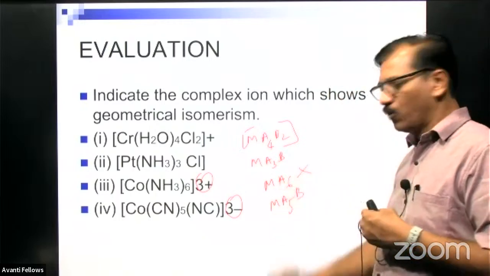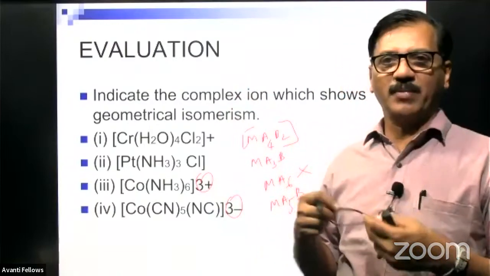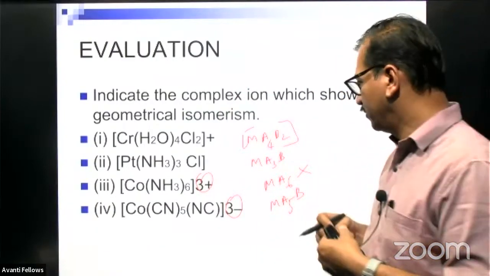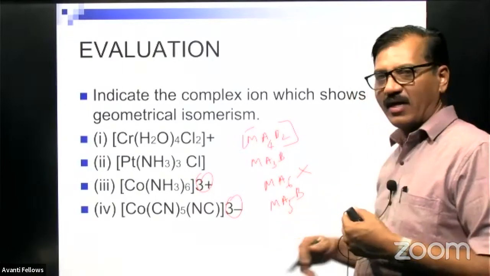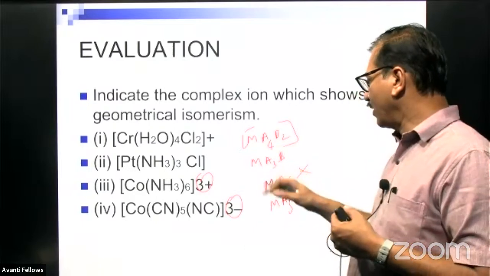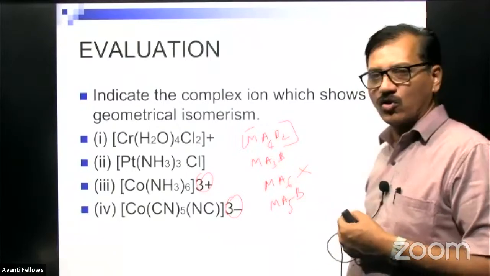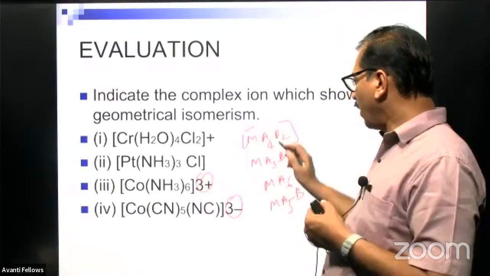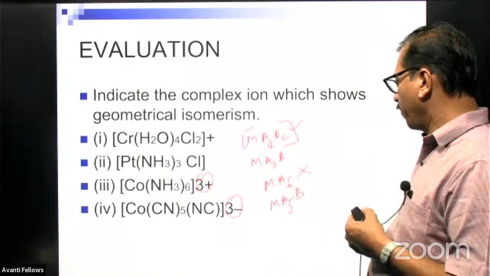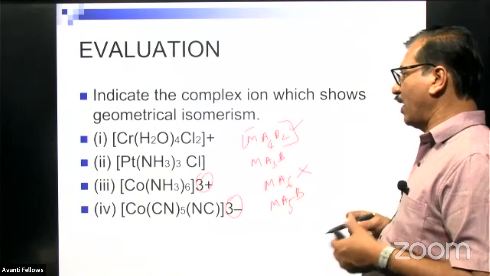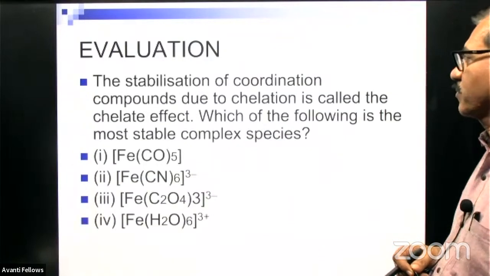MA6, we can say no, because all are A and replacing one by the other will not give another arrangement at all, right? So wherever coordination number 6 is there, it is an octahedral complex; if 4, then it is a square planar complex. Even MA3B is also not possible. MA4B2, we have checked that A4B2 is the one which has geometrical isomerism.